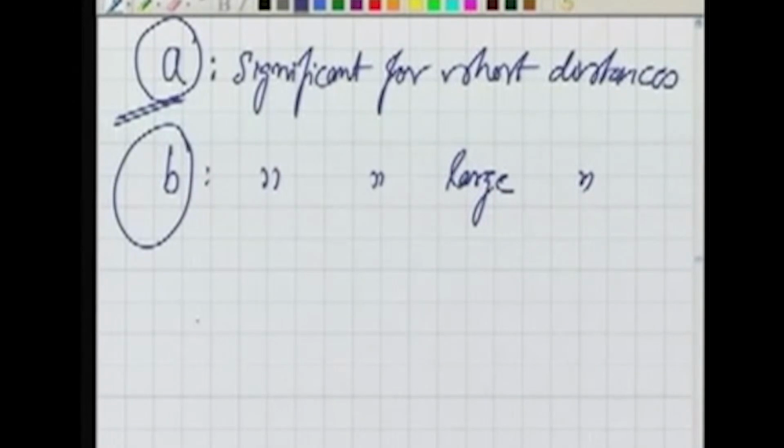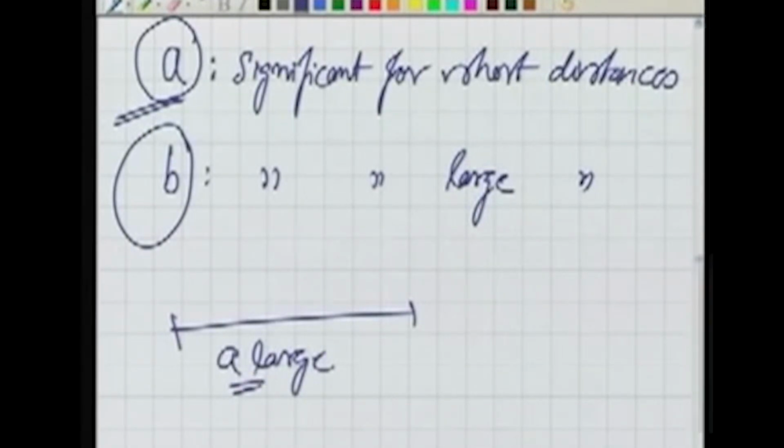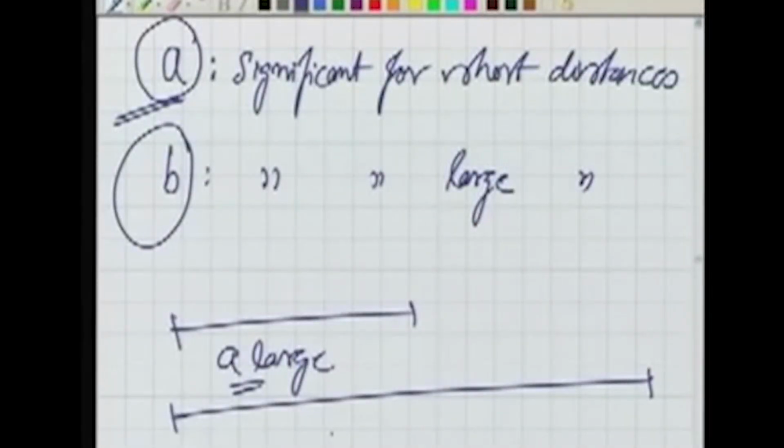If we are taking a very small distance and our A is large, even if the distance is small, this A is not going to change. If the distance is very, very large, the impact of this large A on the large distance will be less, while the impact of a large A on a small distance will be more.